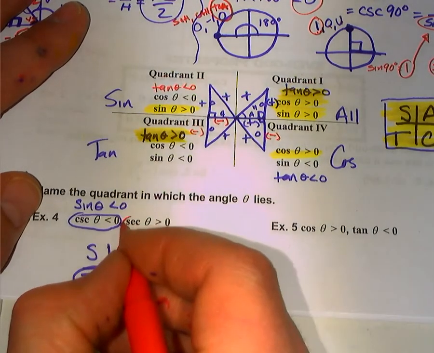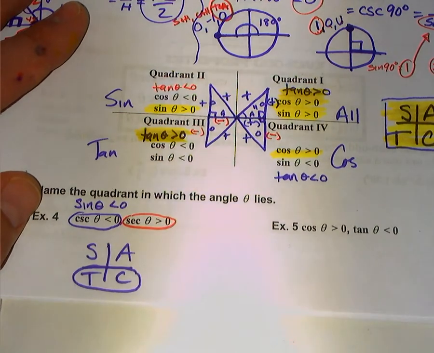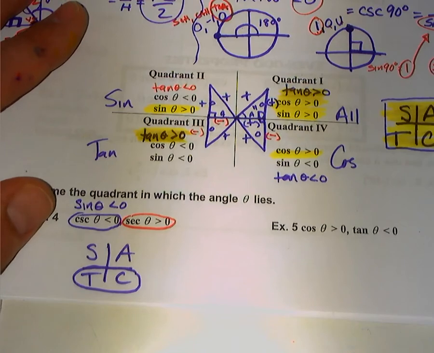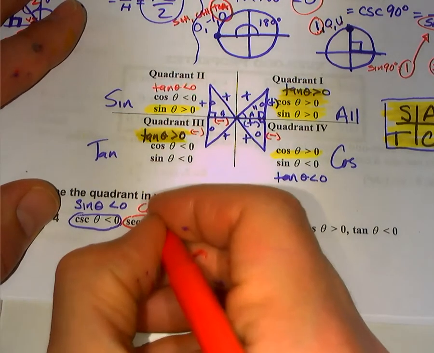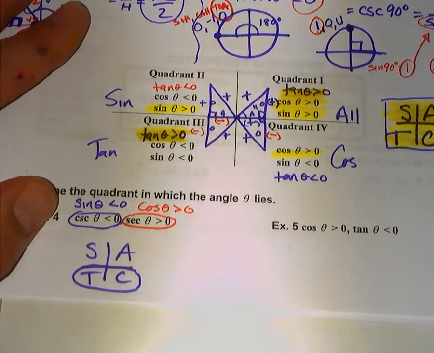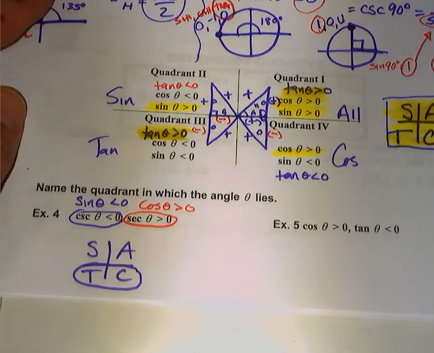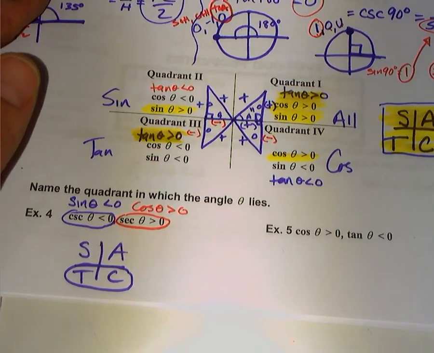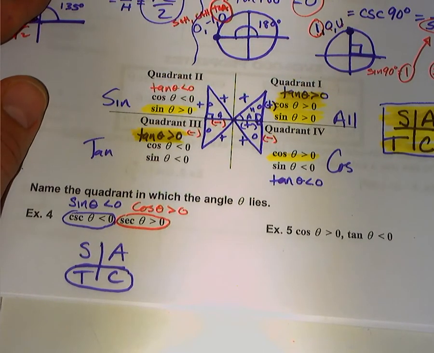I got secant is greater than 0. Well, if secant's greater than 0, then you should know who his buddy is. Cosine. Well, if secant's greater than 0, then cosine has to be greater than 0, because secant is 1 over cosine. So cosine has to be positive. Where is cosine positive?